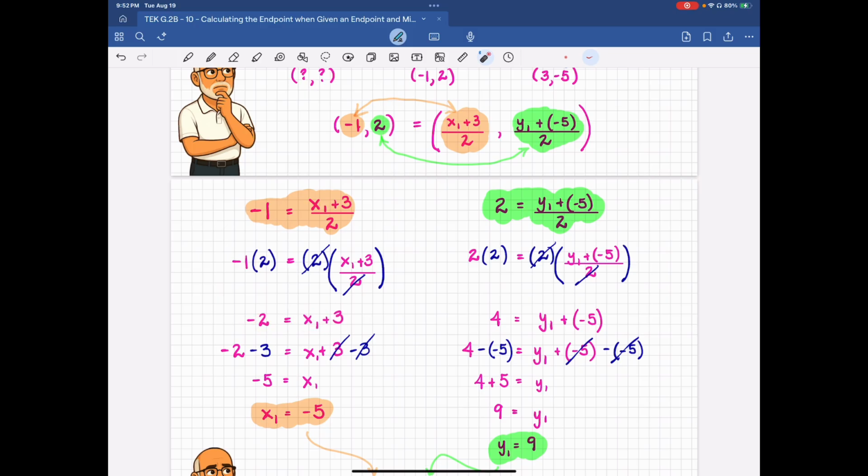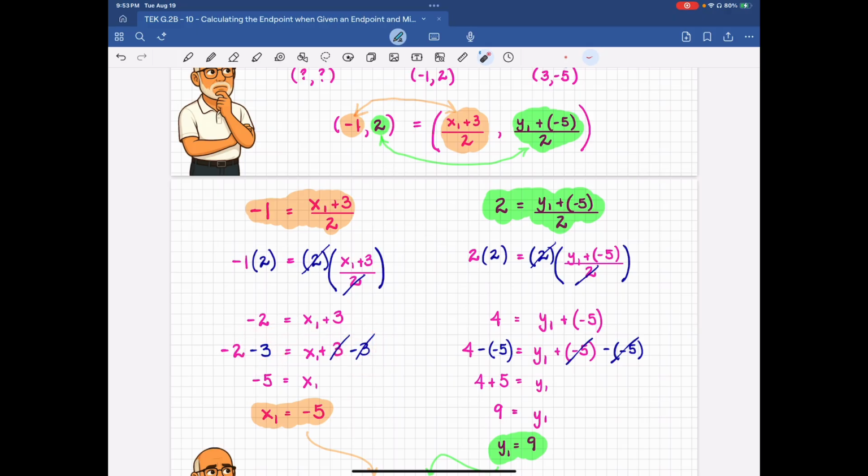Now remember, the goal is to get x1 by itself. So what's happening to x1? We're adding 3. What's the opposite of adding 3? Subtracting 3. So I'm going to subtract 3 from the right, but if I subtract 3 from the right, to keep this balanced, I have to subtract 3 from the left.